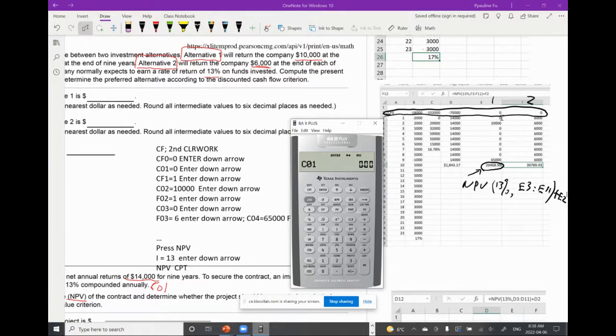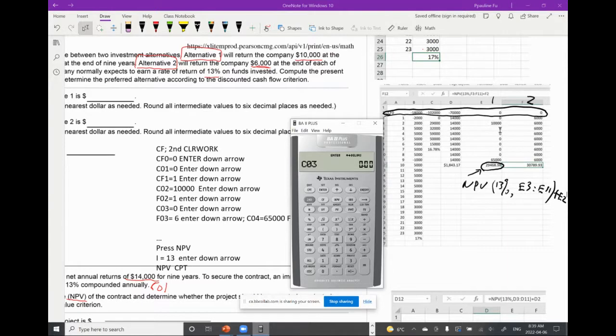C01 is 0, enter, down arrow key, frequency is 1, enter, down arrow key. Next, C02 is 10,000. Type in 10,000, enter, down arrow key. This number happened just one time, so frequency equal to 1, enter, down arrow key.